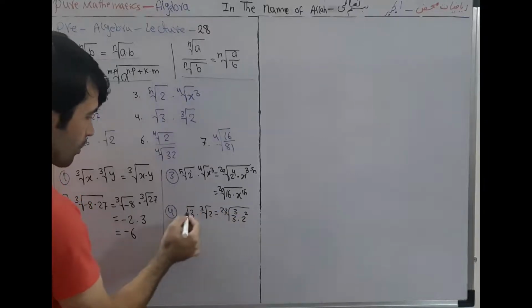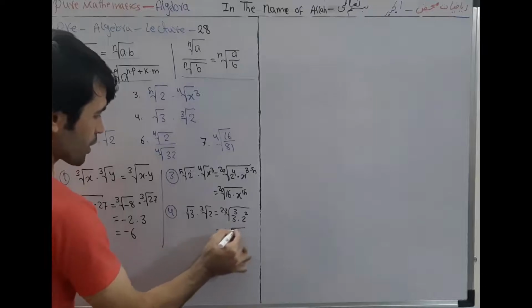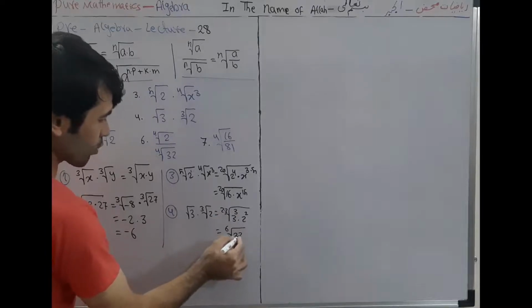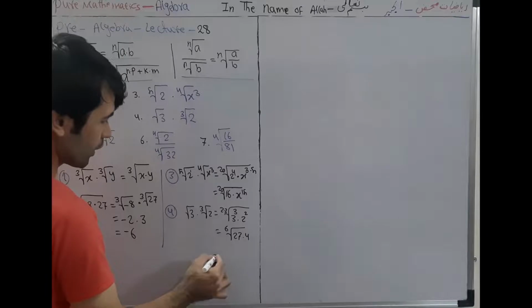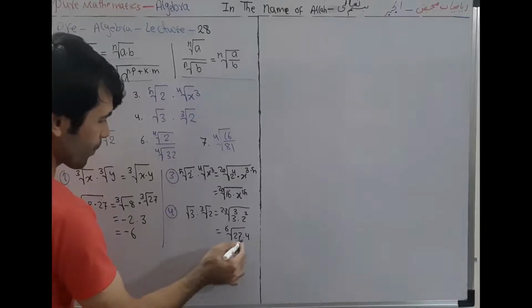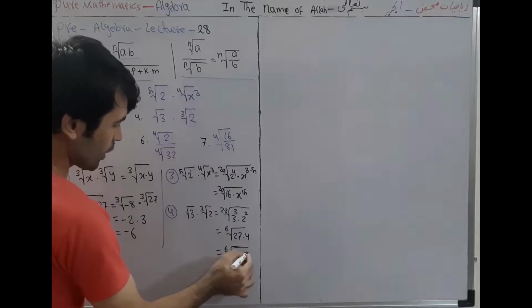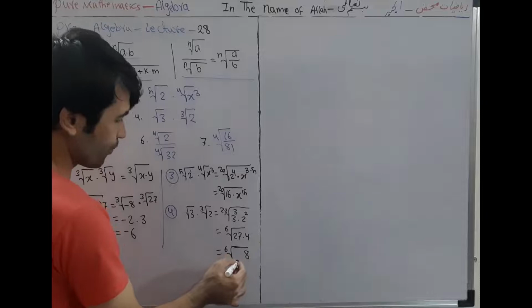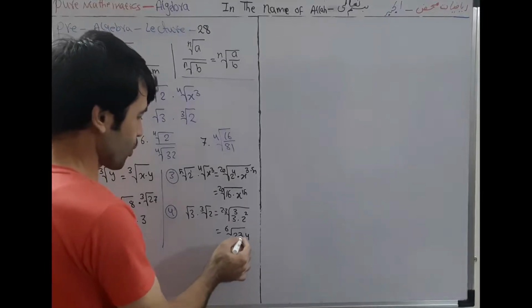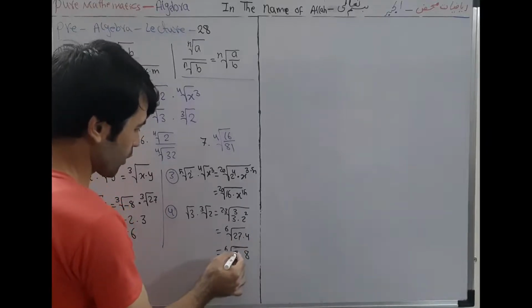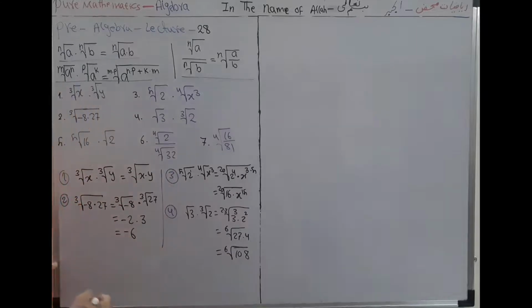It is equal to the 6th root of 3 to the power 3, which is 27, multiplied by 4. If we multiply 27 by 4, 4 multiplied by 7 is 28, 4 multiplied by 2 is 8, so 108.